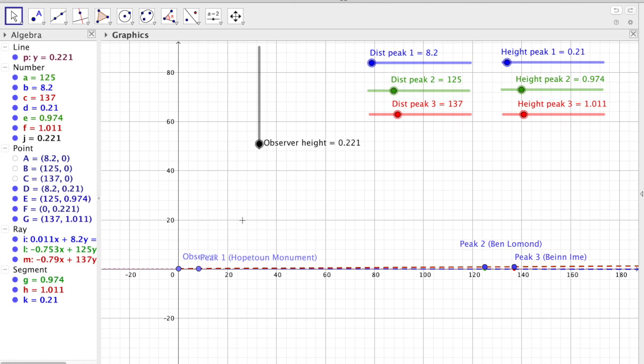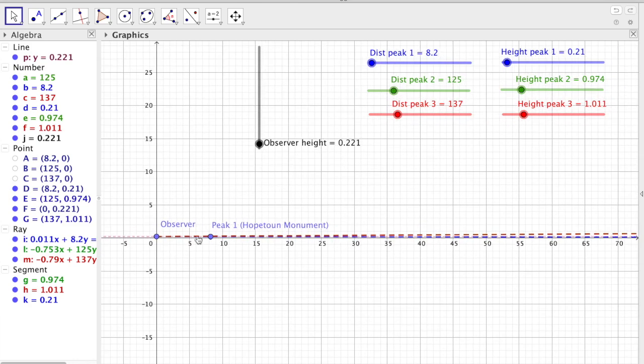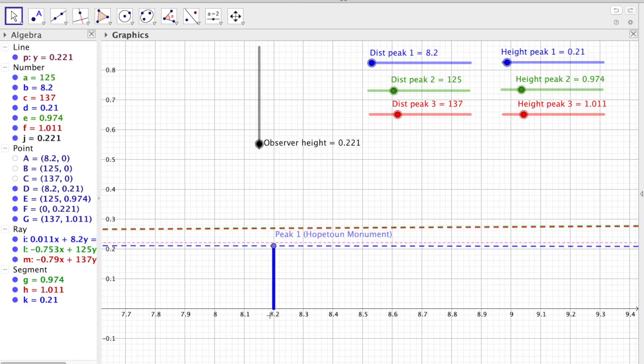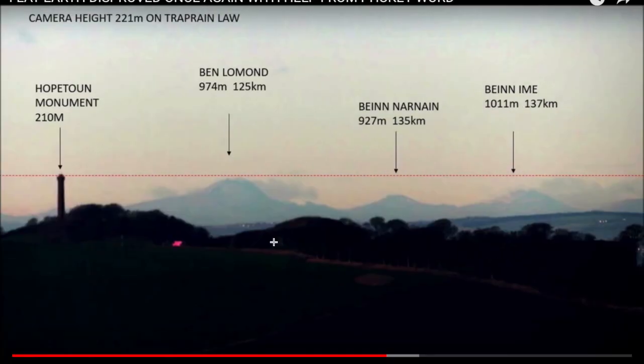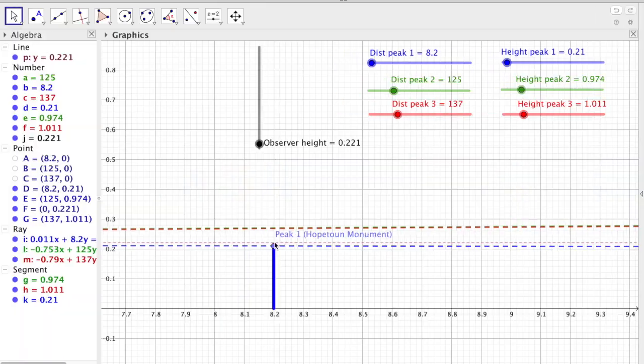Okay, so here we are at the flat Earth model, and we'll just look at that real quick. Here we clearly see that the line of sight to the top of the distant mountains is clearly above the monument, which is of course what we don't see.